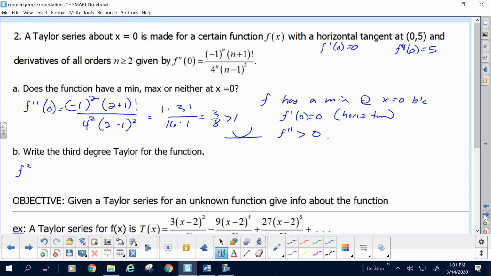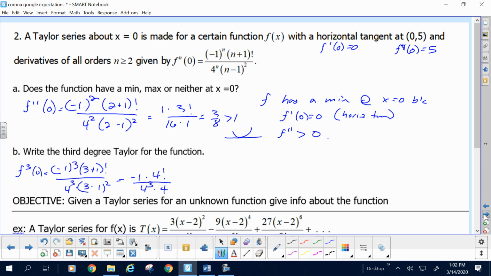So f triple prime, or the third derivative, would be something like -1 cubed, 3 plus 1 factorial over 4 cubed, 3 minus 1 squared. So maybe -1 times 4 factorial over 4 cubed times, what do we got, 4?